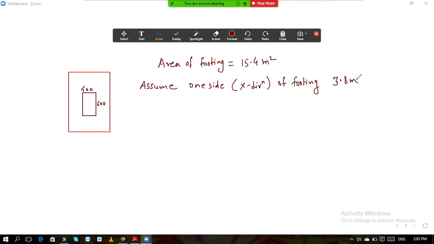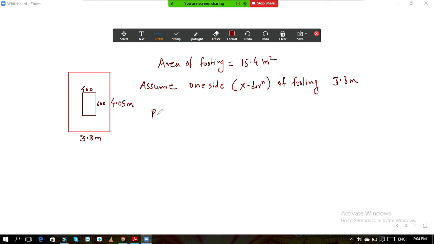Then what will be the other side? If I assume one side as 3.8 meter, then 15.4 divided by 3.8 is 4.05 meter, the other side. So if I assume this as 3.8 meter, then this side will automatically become 4.05 meter because our total area of footing is 15.4. We will adopt that.